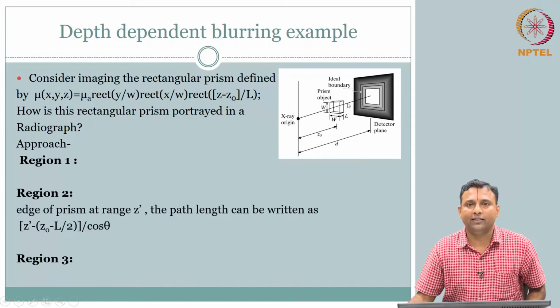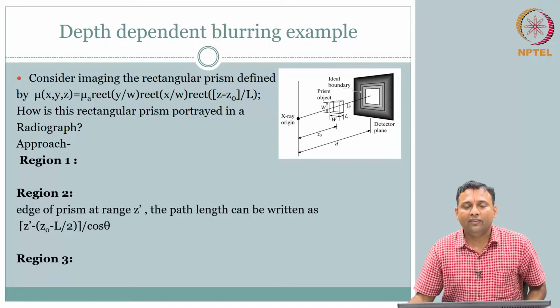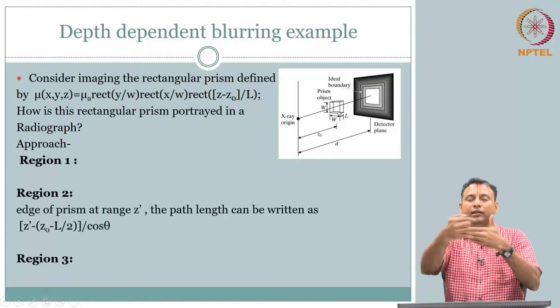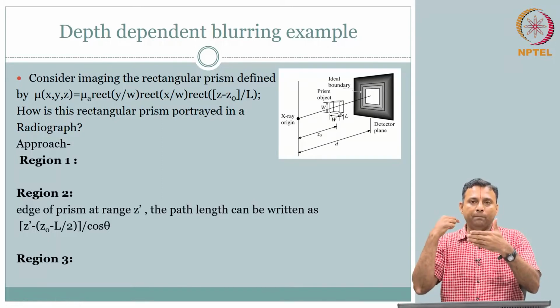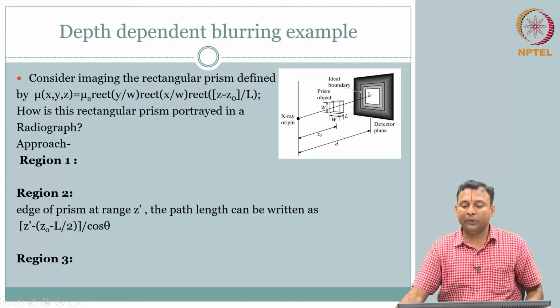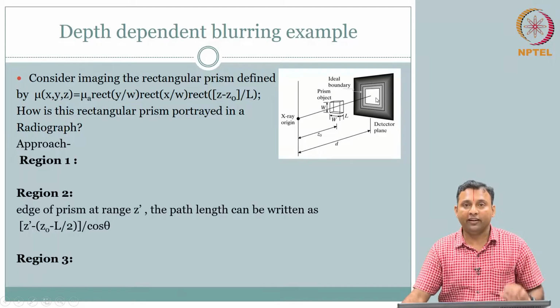We already wrote it: it is that exponential with different path length, e power minus mu L by cos theta. When the X-ray passes entirely through the prism, front to back, I already know how to write my imaging equation.